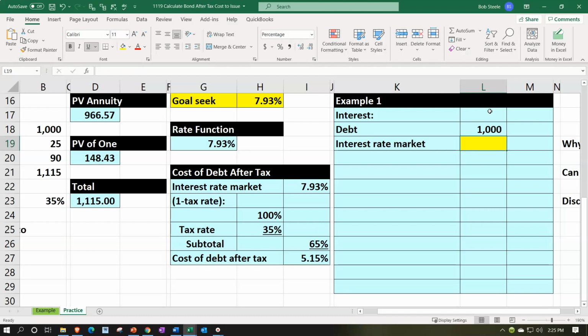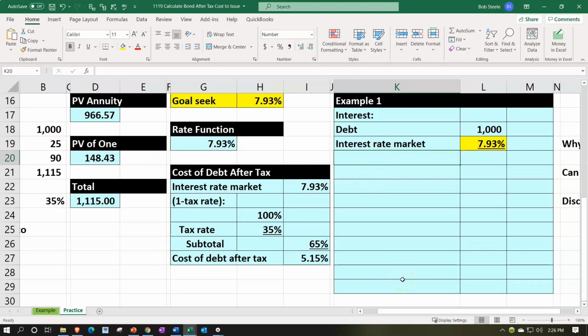This is the confusing component because you're not paying based on the market rate, but due to the fact that you had to issue it, in this case, at a premium, you will be amortizing that premium and basically hopefully expensing it, hopefully it being deductible and whatnot, and therefore that's why you use the market rate. So we're saying market rate, the 7.93, as opposed to the 9%, which would be 90 divided by 1,000, or the rate on the bond.